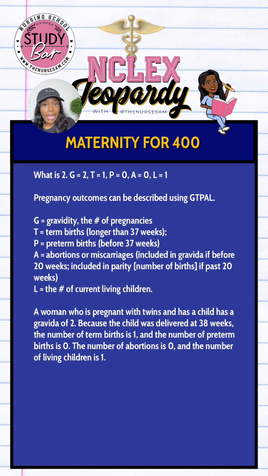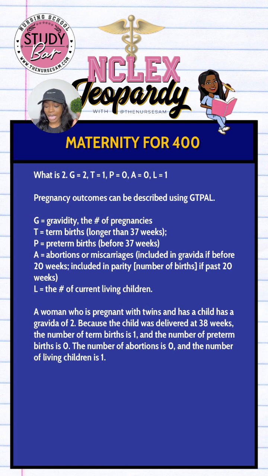So A is 0. And then our L, which is the number of current living children, L equals living, is going to be 1 because, again, we have 2 pregnancies. She's currently pregnant, so that leaves her with 1 birth. And that child, who is currently 5, is alive and well, hopefully. But yes, we're going to claim it.